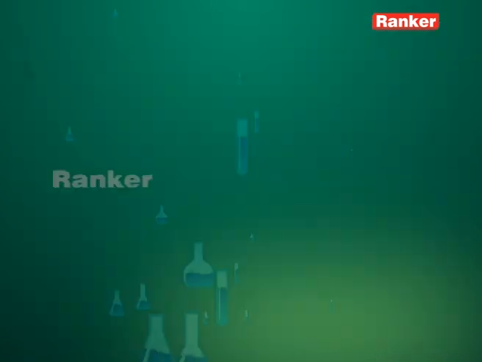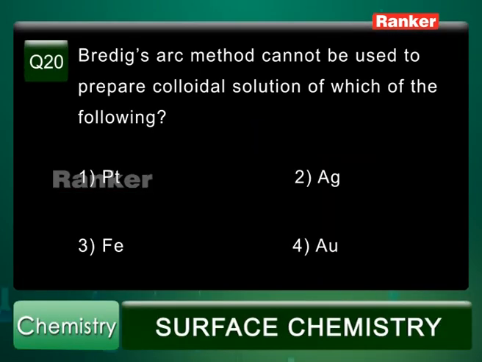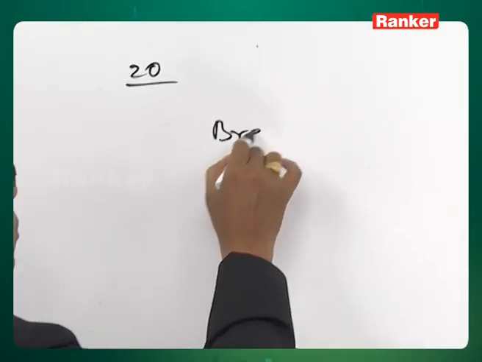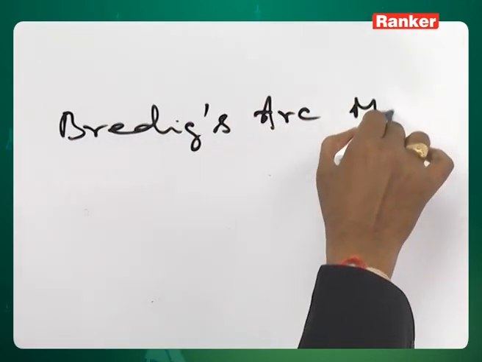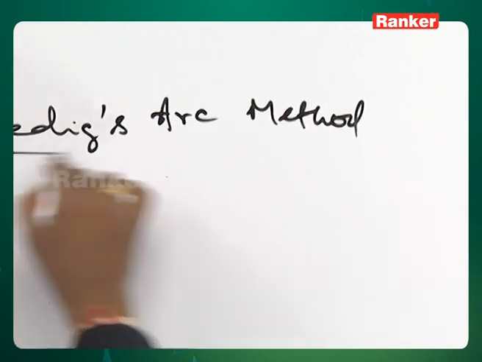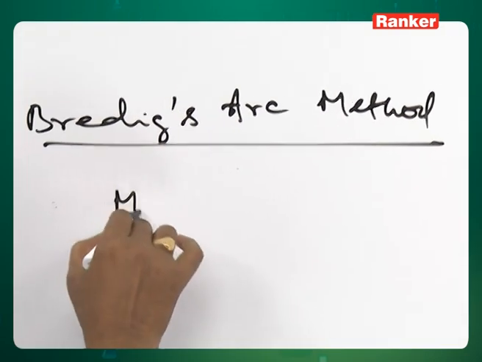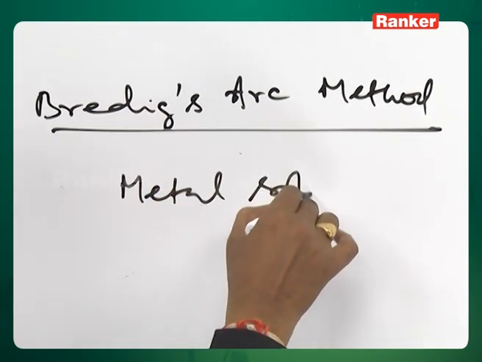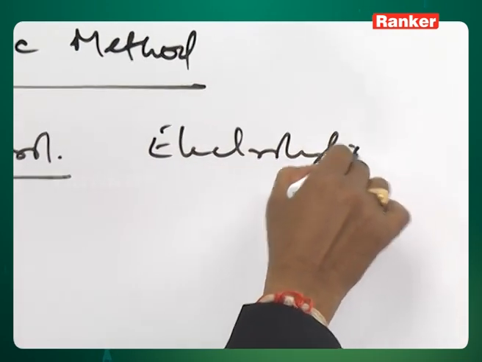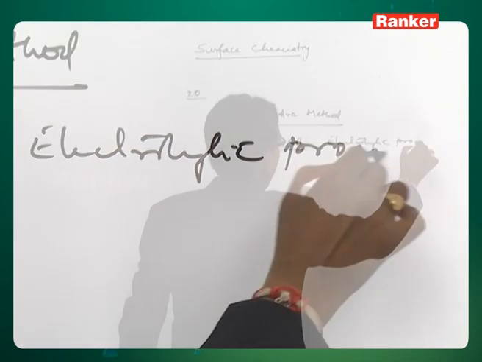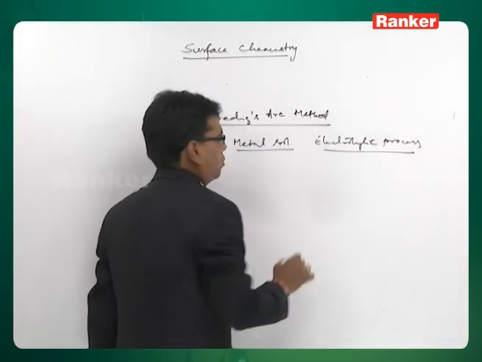Question number 20. Brady's arc method cannot be used to prepare colloidal solution of which of the following? Brady's arc method is a special method of preparation of metal sols, and it is an electrolytic process, by electrolytic dispersion.